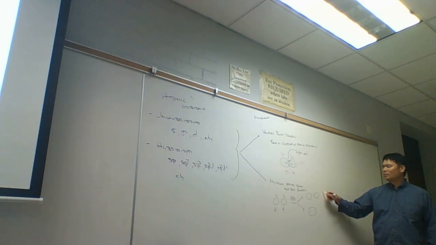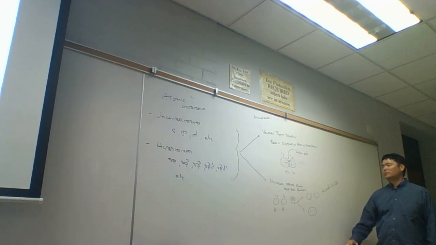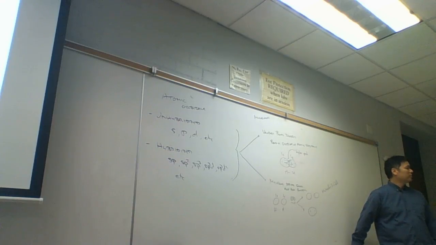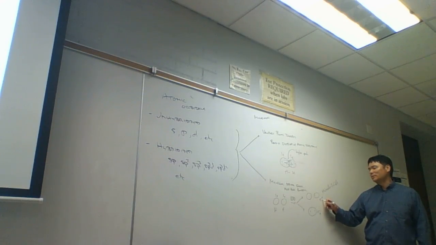These are molecular orbitals. You just learned a whole bunch of atomic orbitals. Pretty soon you're going to learn a whole bunch of molecular orbitals in addition. Some of these molecular orbitals would be like the sigma 1s orbital and the sigma star 1s orbital.